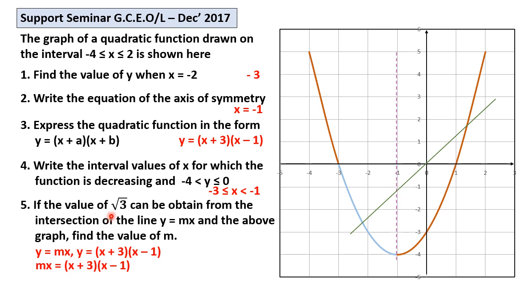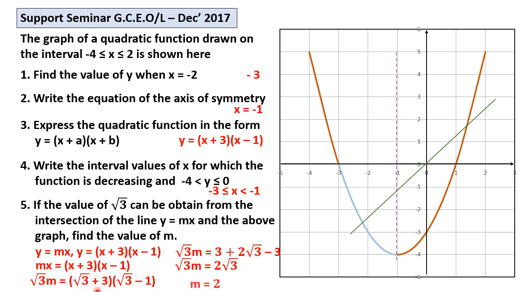Therefore, let's substitute square root 3 for x. When you substitute square root 3 for x, let's simplify. After removing the bracket, we get this. And when plus 3 and minus 3 are simplified, square root 3 m equals 2 root 3. Once again, divide both sides by square root 3. m equals 2. m equals 2 means the slant, or the gradient, of the straight line is 2.